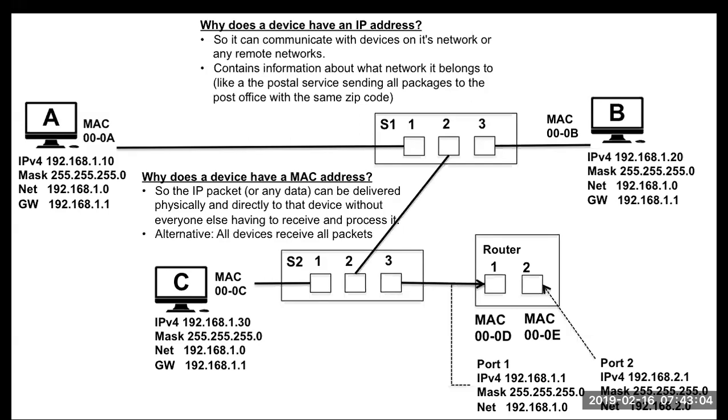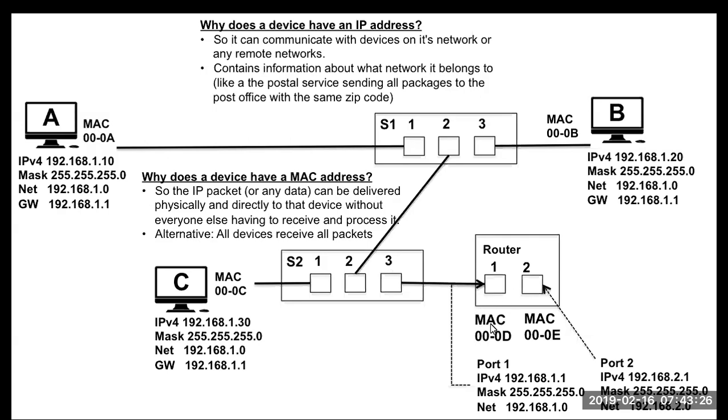The alternative would be to send all messages to all NIC cards. And remember, by the way, if the packet is for another network, the device like A here will send that packet to the router's NIC card.